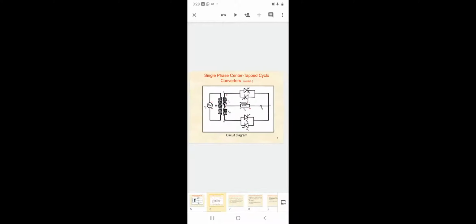P1 is forced commutated and N2 starts conducting. If P1 is forced commutated, the other forward-biased thyristor N2 is turned on. When N2 is turned on, O is positive and A is negative.